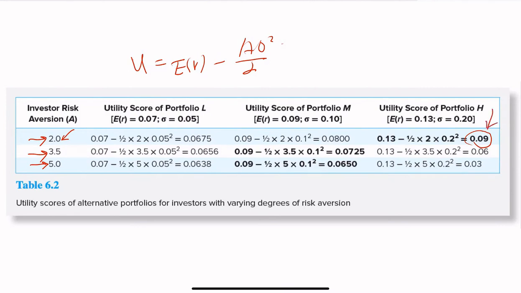And then we could do the same thing for the other 2 investors, and we can see that these 2 portfolios are preferred, right? So by using utility functions, it's quite easy for us to find out which portfolio is preferred for any investor as long as we know this investor's risk aversion parameter.